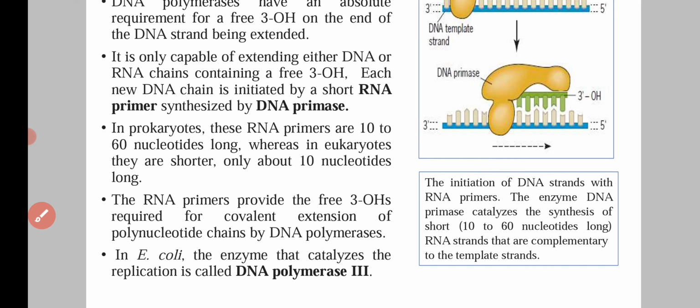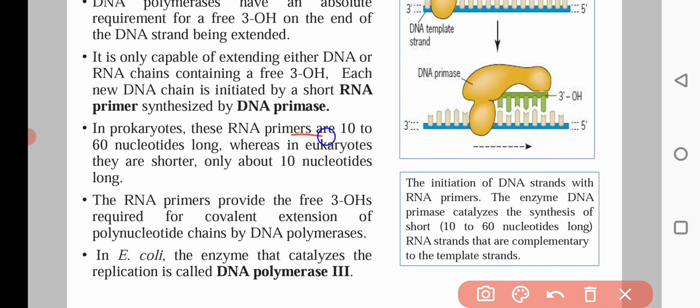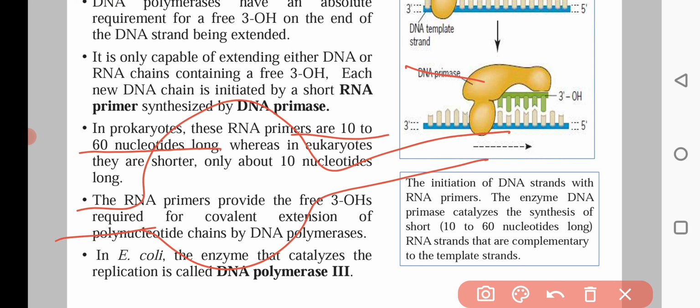In prokaryotes, these RNA primers are approximately 10 to 60 nucleotides long. So first of all, the strands get separated and the replication bubble is formed, and then the DNA primase enzyme will come and synthesize this 10 to 60 nucleotide long RNA primer.